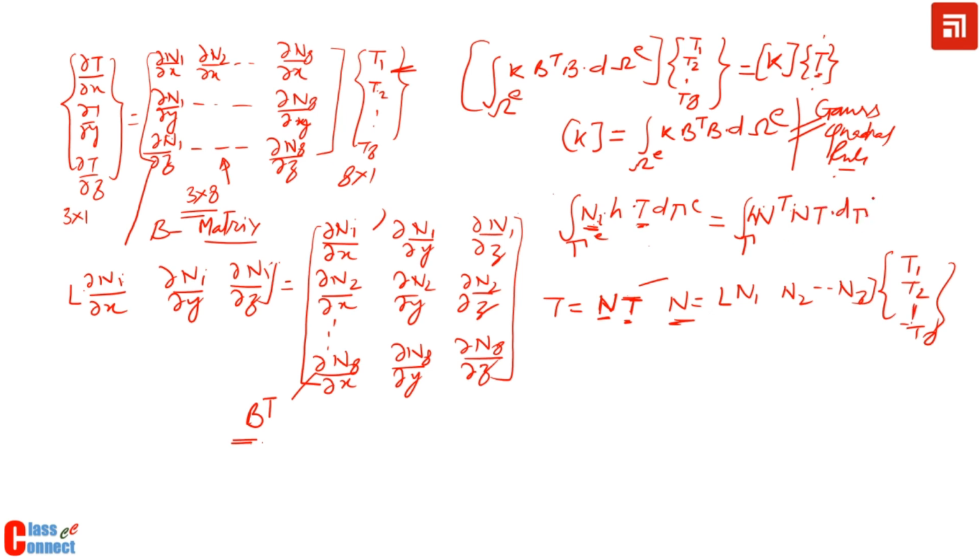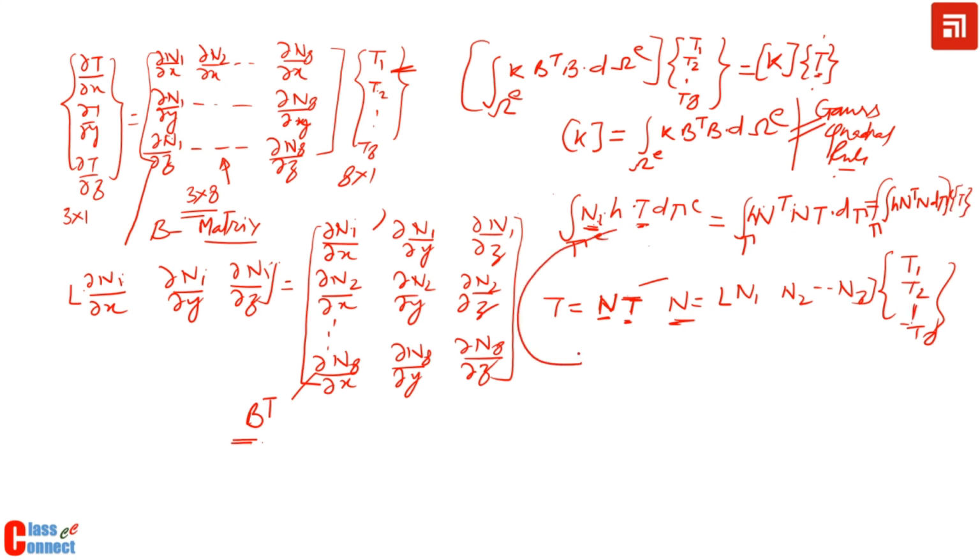So I can further write it down as, on the boundary, h N transpose N dΓ, and this whole is to be multiplied with T.